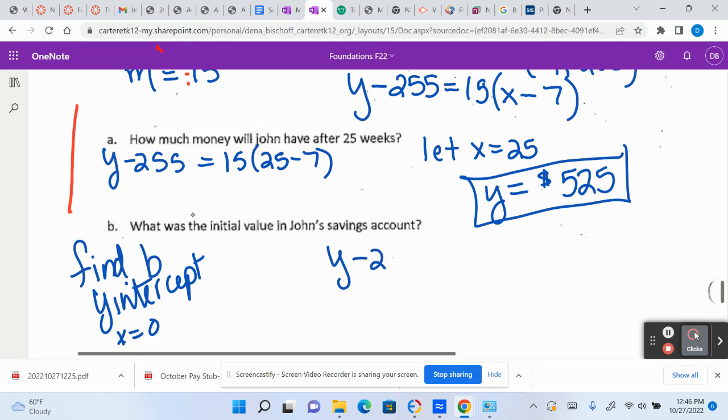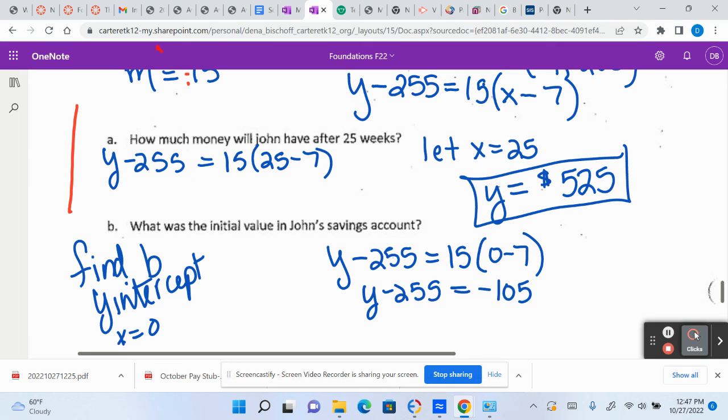So y minus 255 equals 15 times 0 minus 7. 15 times a negative 7 is negative 105, I think. Someone might need to check that. I think it's right. So I started this with $150 in my savings account. That's how much I started with.